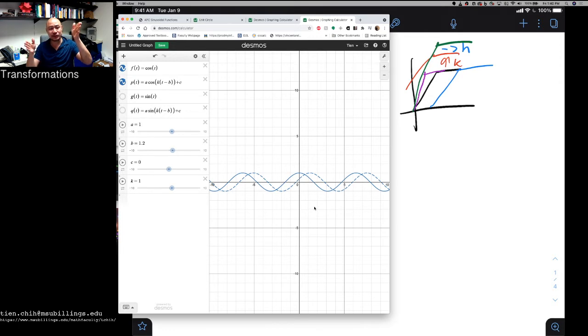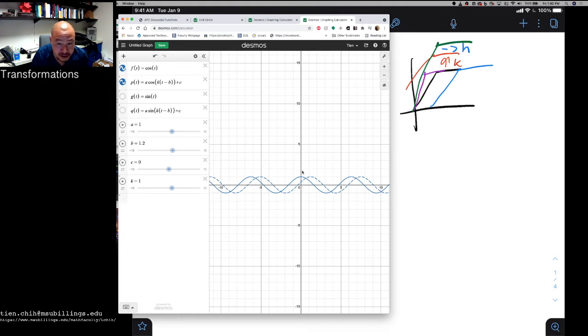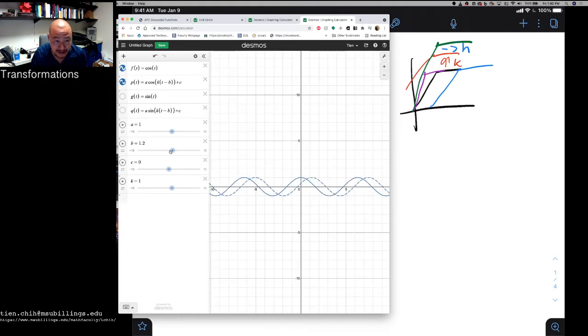The length of my periods is still the same because they're just shifting back and forth. My midline's still at 0. All of those properties stay the same, right? And that would be the same no matter what I did to B.